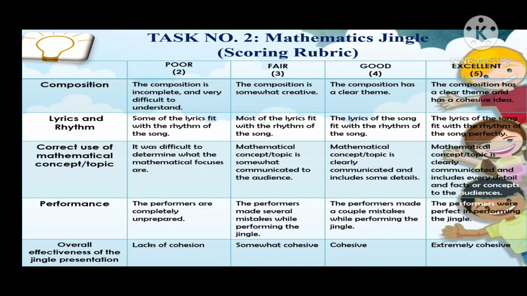The performance level is at the top and the left column is the criteria, which are the composition, lyrics and rhythm, correct use of mathematical concept or topic, performance, and overall effectiveness of the jingle presentation. The learners are judged critically by the teacher using these rubrics.